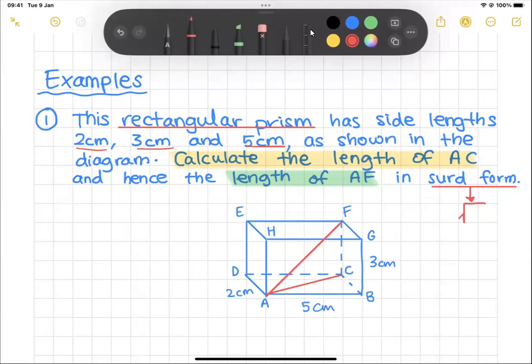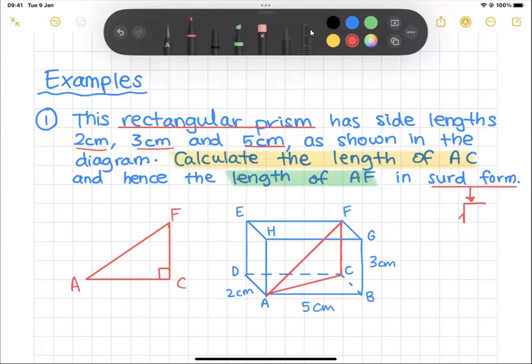Let's speculate: I suspect this will be a right angle triangle if I connect the F and the C point together. Yes, it does look like a right angle triangle. I'm now going to use my second dot point, which is drawing any right angle triangles that I see on the side, separate from the main diagram. It's a right angle triangle, and I'm going to label it as FCA.